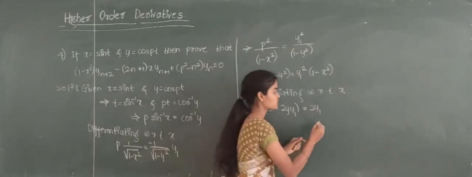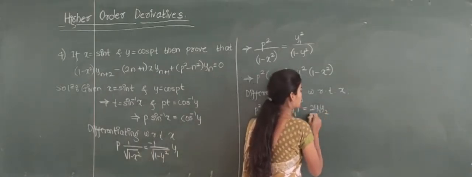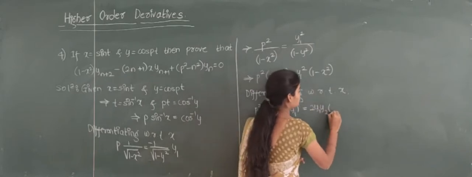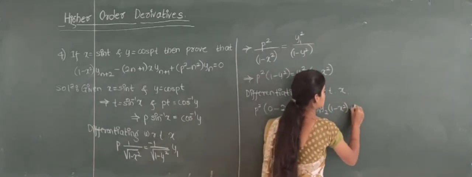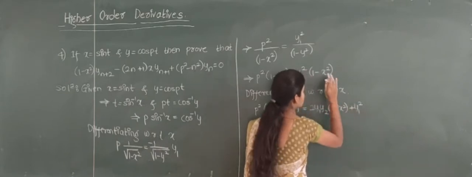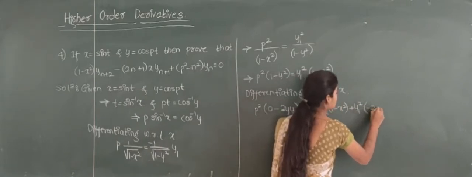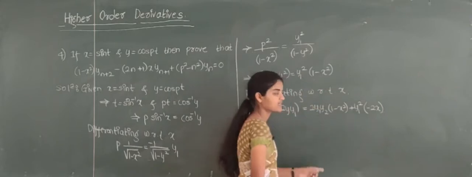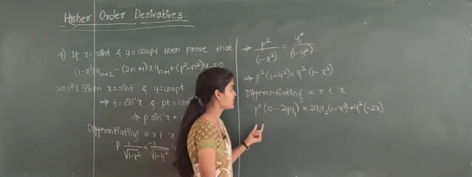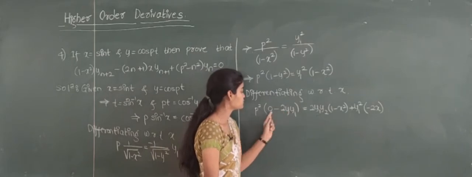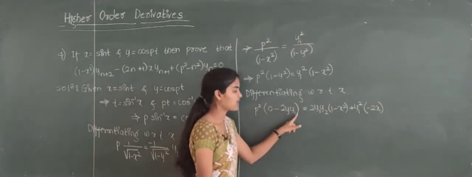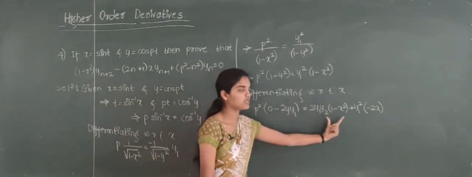So differentiating y1 again, I will write it as y2, and 1 minus x square as it is, plus y1 square times the derivative of 1 minus x square, which is minus 2x, and the derivative of x is 1, so I am not writing that. Now the minus p square term, minus 2p square y y1, I will take to that side.